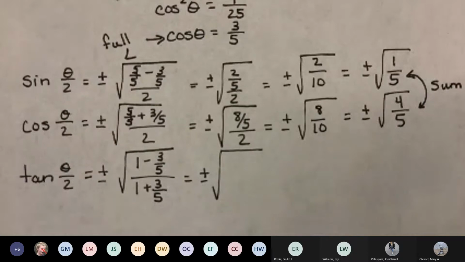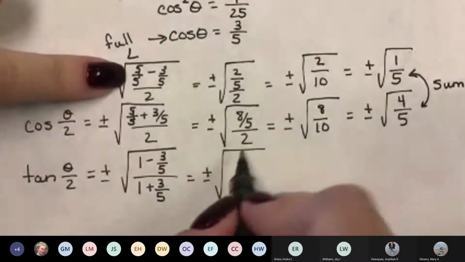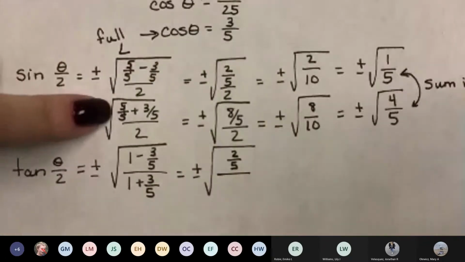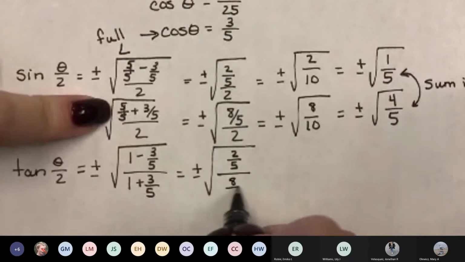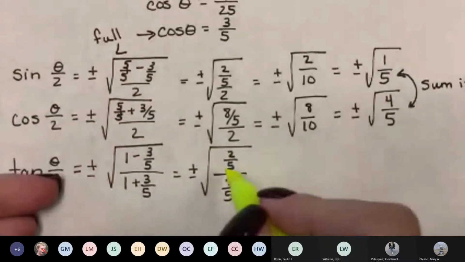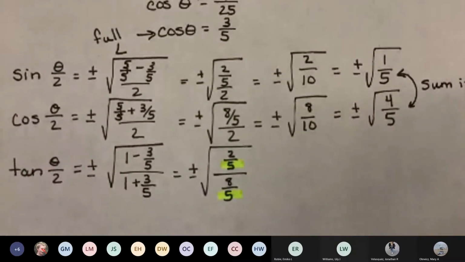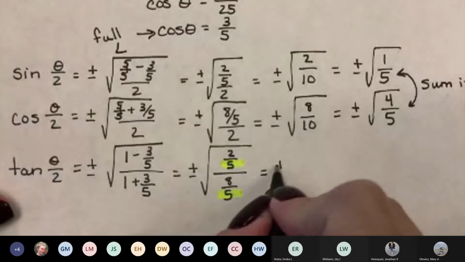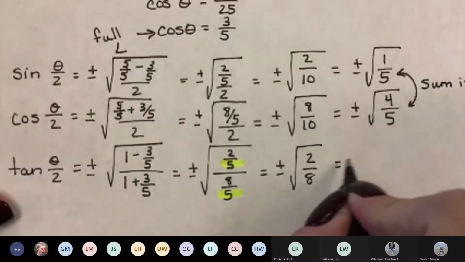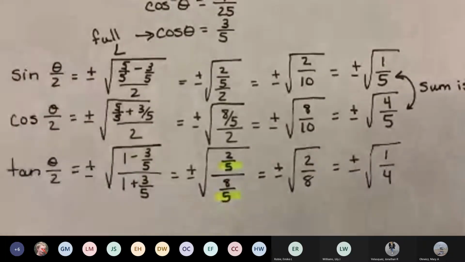Now, like I said, I'm not going to do any math here because I've already done it. 1 minus 3/5, that's right there, that's 2/5. 1 plus 3/5, that's right there, that's 8/5. And I'll point out to you that that denominator is the same as that denominator, which means they effectively cancel. So I end up with 1/4.